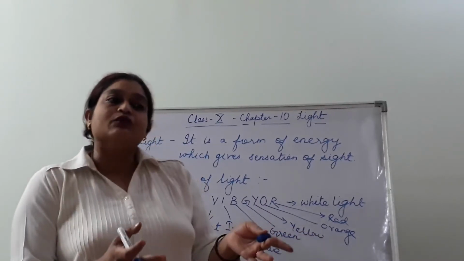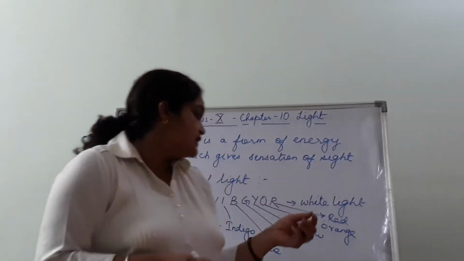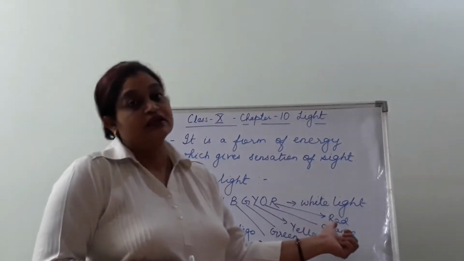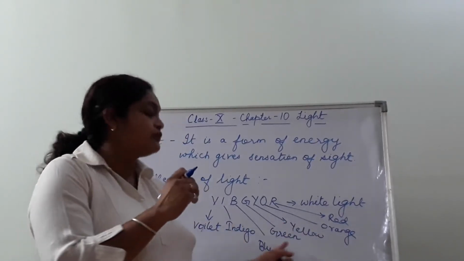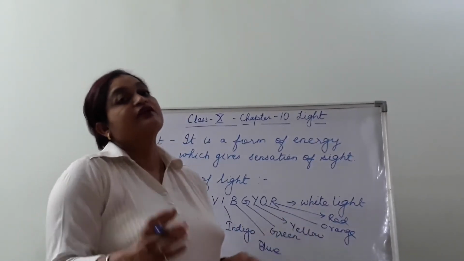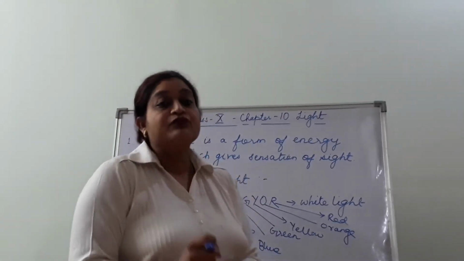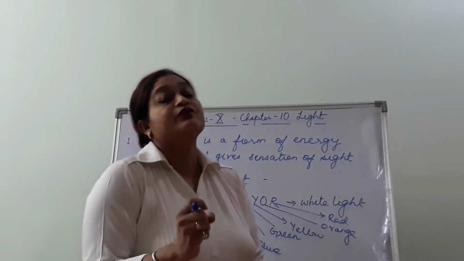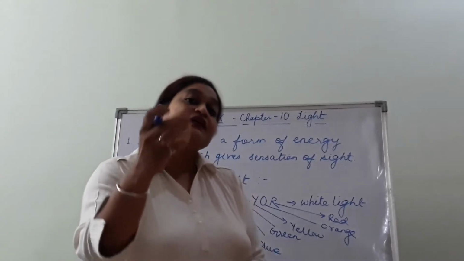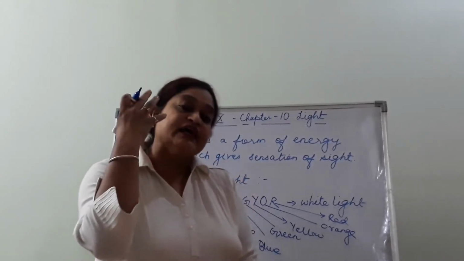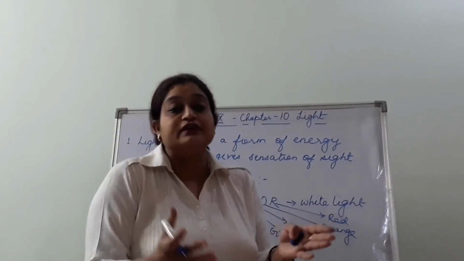We see that object as yellow because white light is composed of these 7 colors, and the yellow light is reflected and the rest of the wavelengths are absorbed by that object. So we see objects due to reflection of light. When light falls on any object, that object reflects light and that reflected light reaches our eyes and we are able to see things.